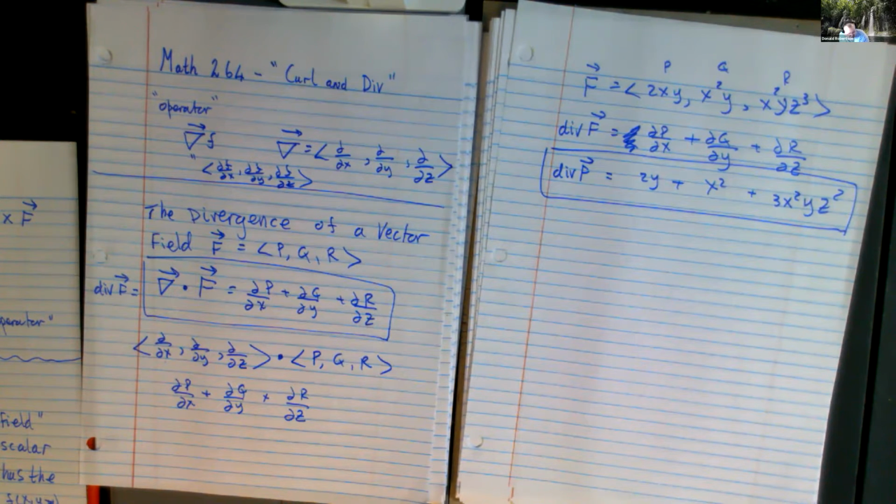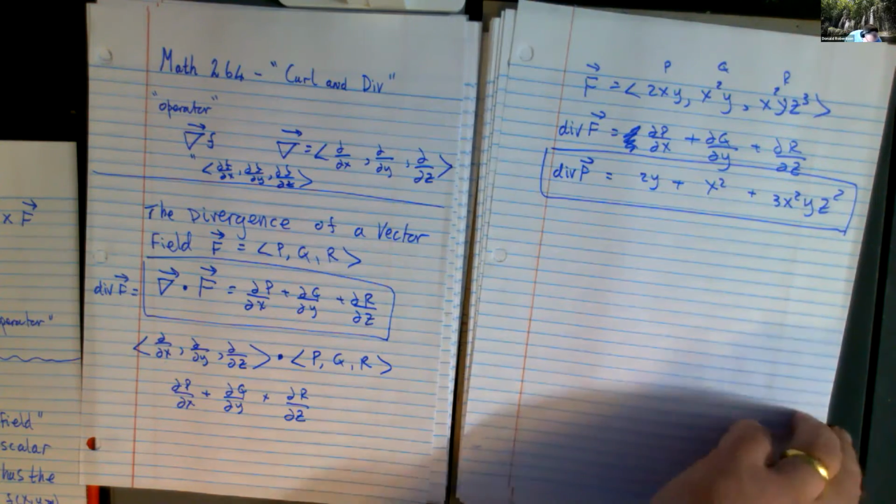It's just three partial derivatives put together. Any questions about calculating the div? You feel as long as I tell you who f is and say find div of f, you'll be cool. Okay, move on.